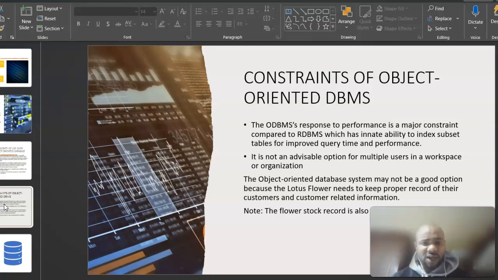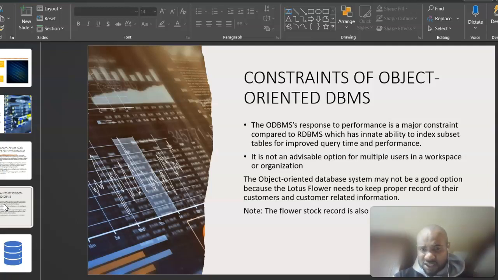Another is that it is not an advisable option for multiple users in a workspace or organization. With multiple users, the more access into the object-oriented database management system, the higher the likelihood to crash or to be corrupted.